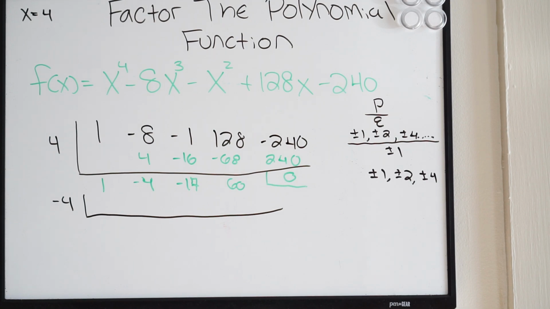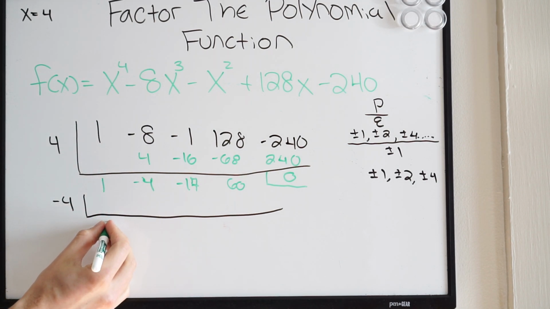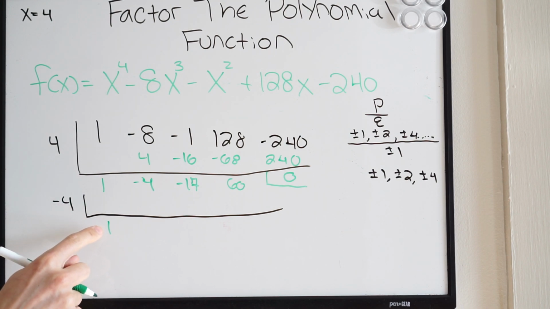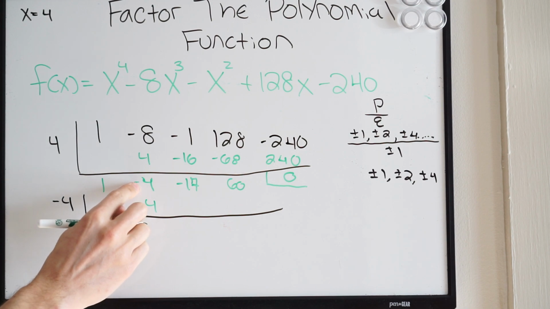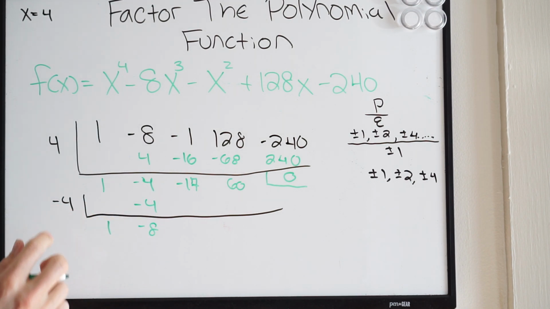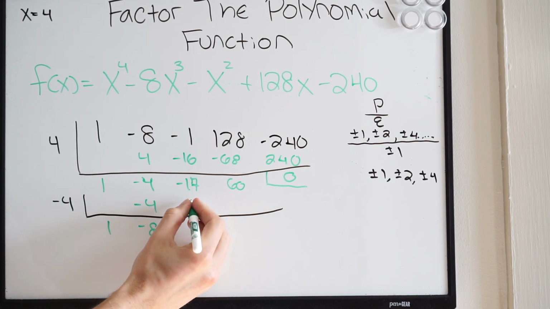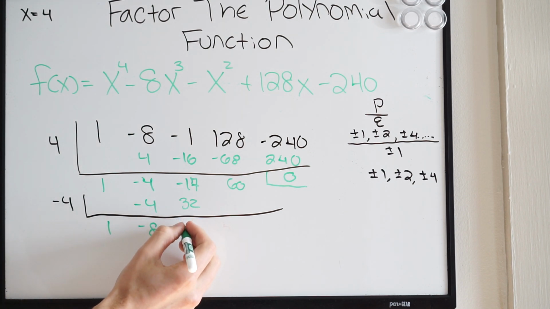So again, let's bring down the 1. And we get negative 4 times 1, so that's negative 4. And then a negative 4 and a negative 4, that makes negative 8. Negative 8 times negative 4, that's going to be 32. Then we have negative 17 and a 32, so that's 15.